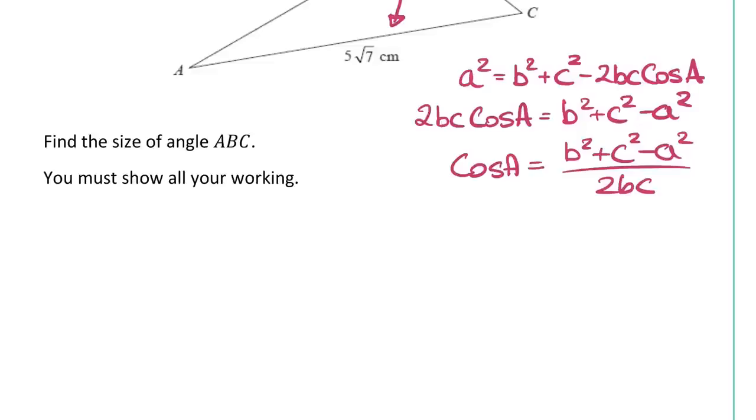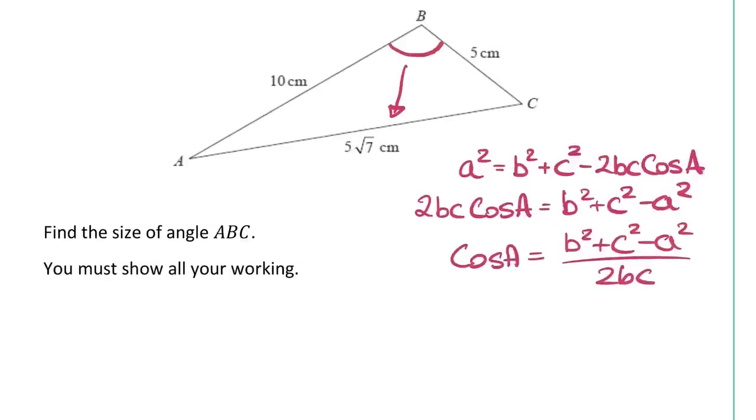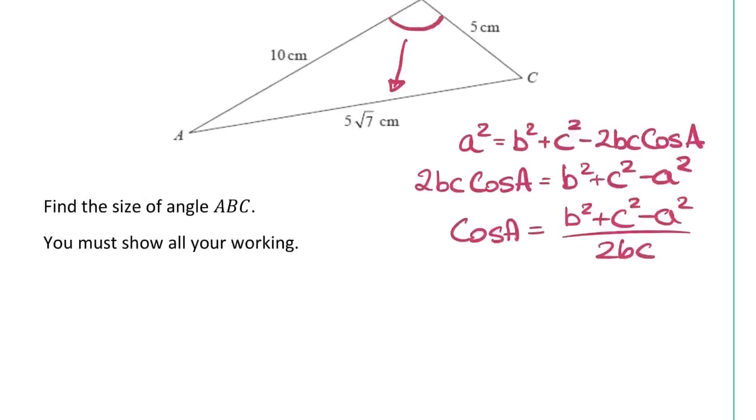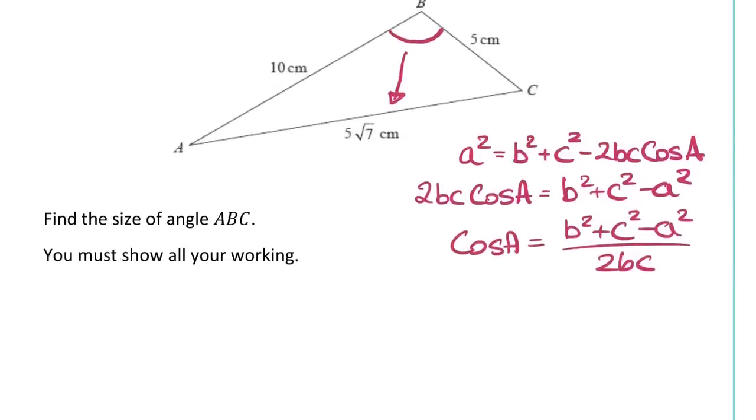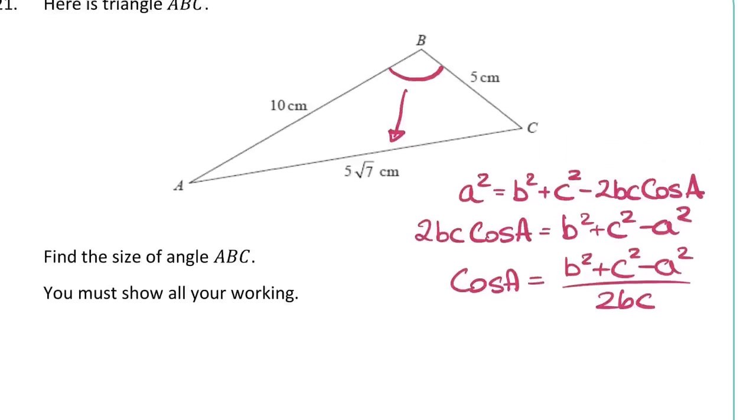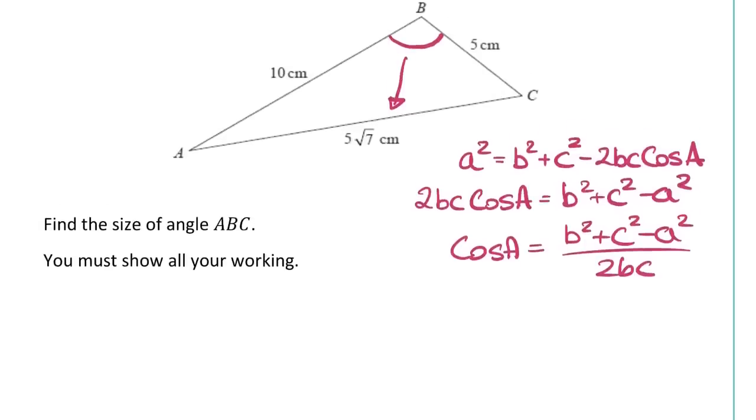So that's our formula that we're using, and within that we have surds and we are looking for an angle, so we need to know some exact trig values, potentially a trig graph. Alright, we're going to have to see where we get with this. So let's label it up. We've got a as the side opposite the angle, which I'll label big A, and then we've got b and c, which can be in either order.